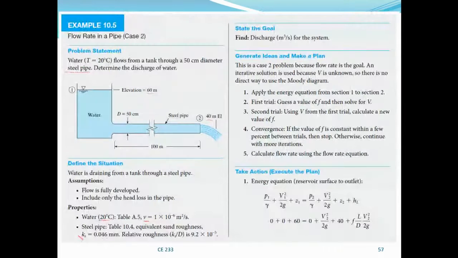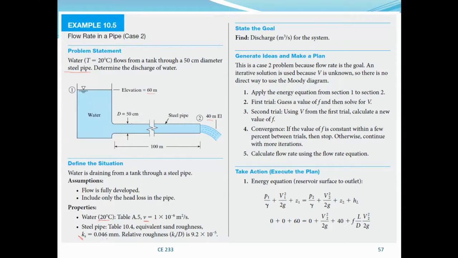So we can evaluate the relative roughness Ks over D, and here we want to find the discharge of water.